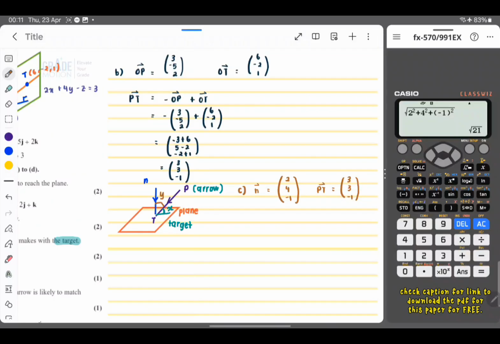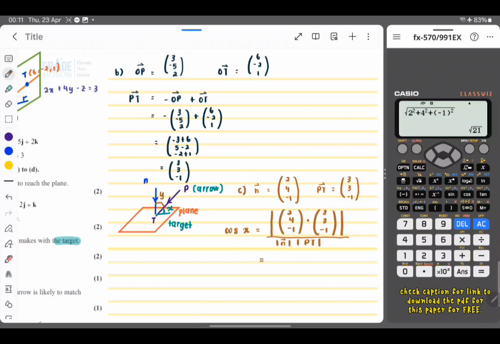And the formula to find the angle would be cos x equal to the modulus of 2, 4, -1 dot with 3, 3, -1 over modulus of n, modulus of PT.